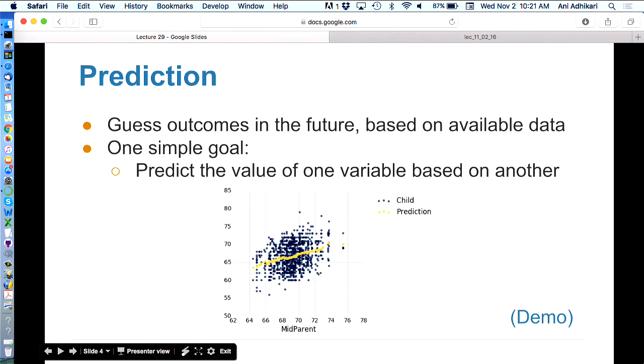Do you recall that SDs are actually hard to spot on curves unless the curve is normal? If the curve is normal, you can see roughly how big the SD is. So also, when the scatter diagram is football-shaped, you can see what the line has to be that you should be using to make your predictions.